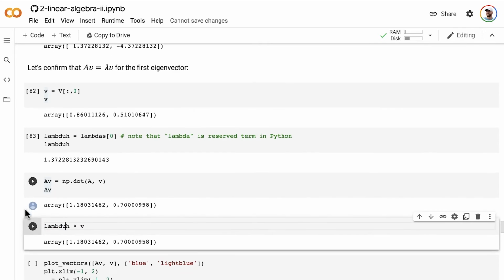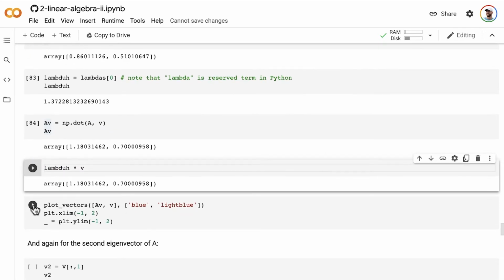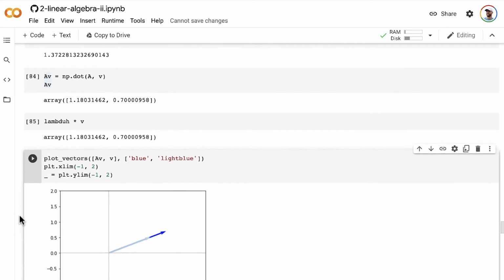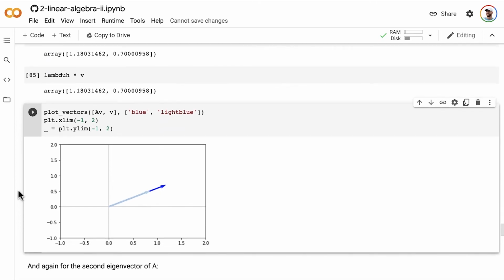Now let's plot things out to get a bit of a geometric understanding of what's happening here. So let's use our plot vectors function from earlier, and we can see our original vector in light blue as we've been doing throughout this notebook so far. So the original eigenvector of our matrix A looks like this, and we can see that after the matrix A has been applied to that eigenvector, it retains exactly its direction.